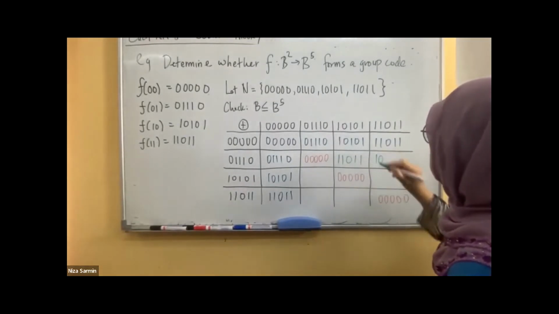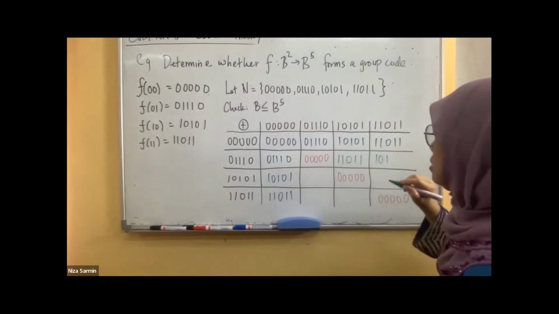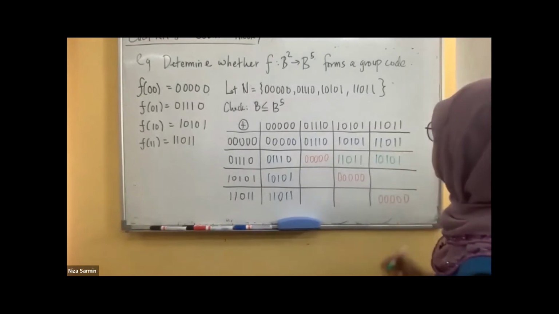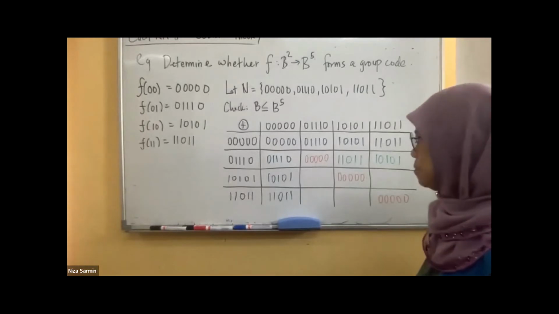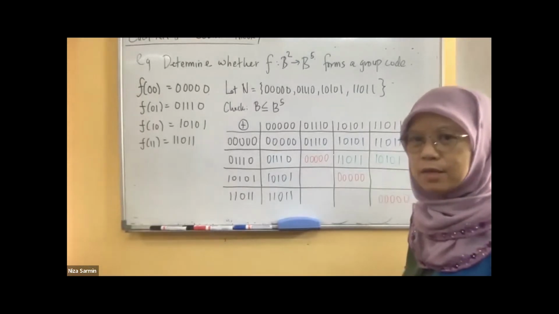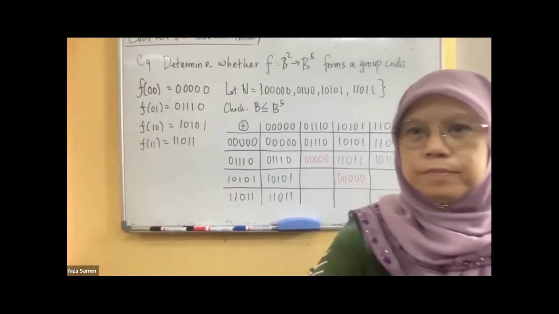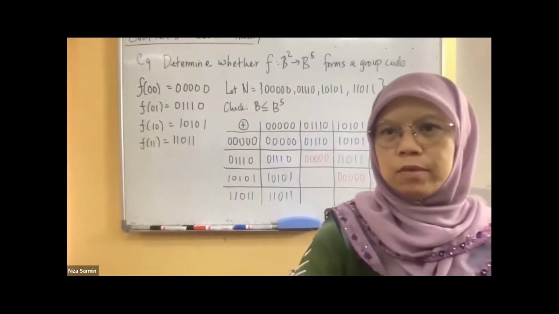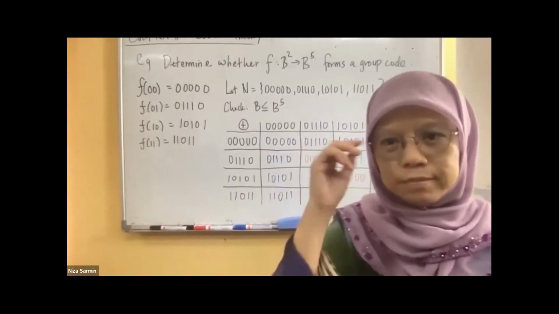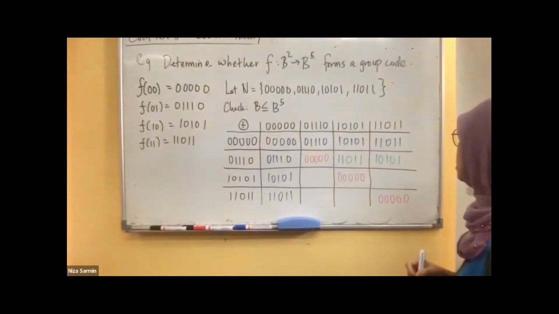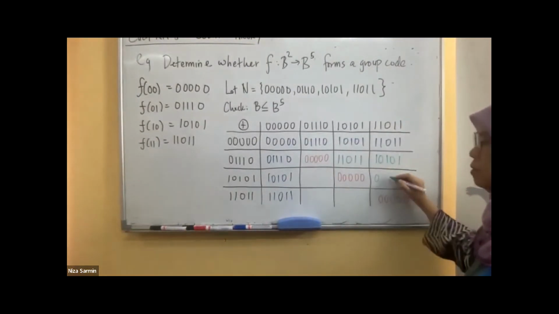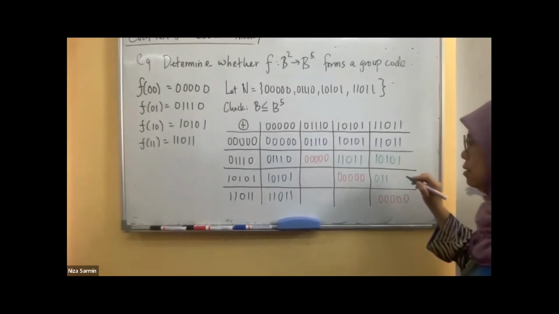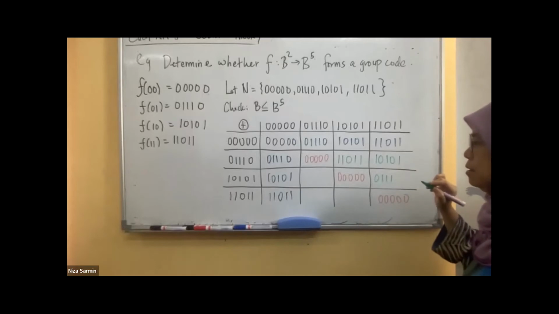This one is 1. The second one is 0, 1, 0, 1. Then the third one is 1 plus 1 is 0, 1, 1, 1, 0.